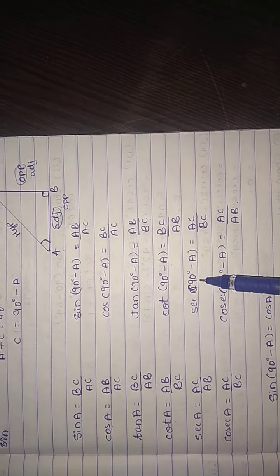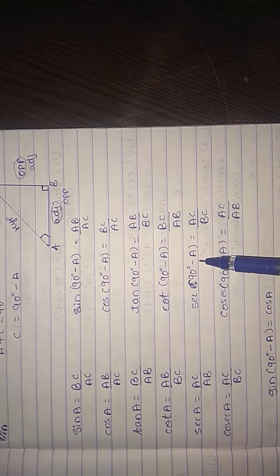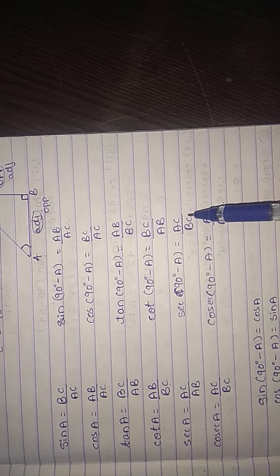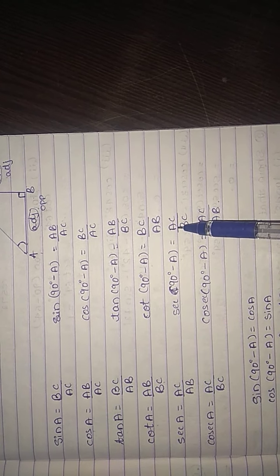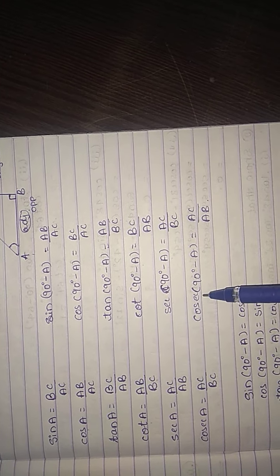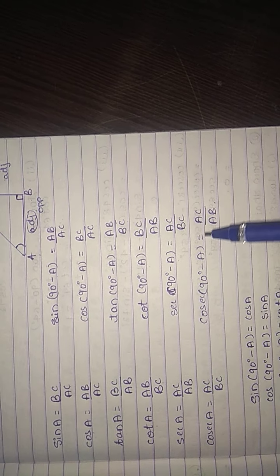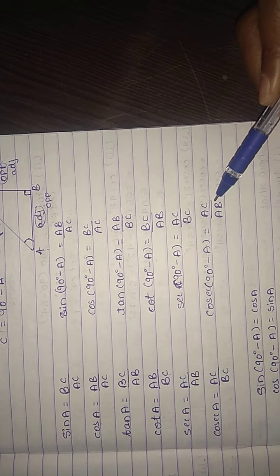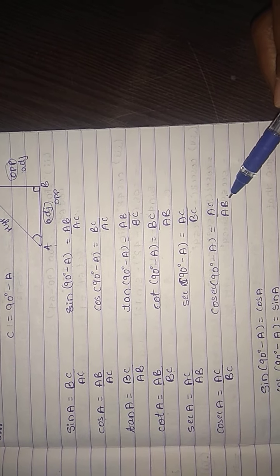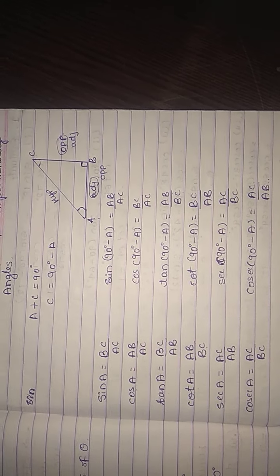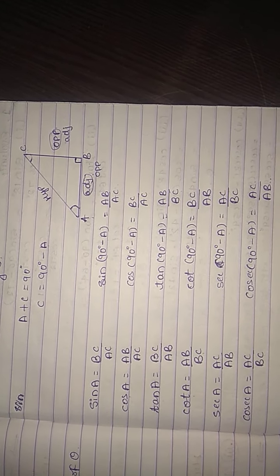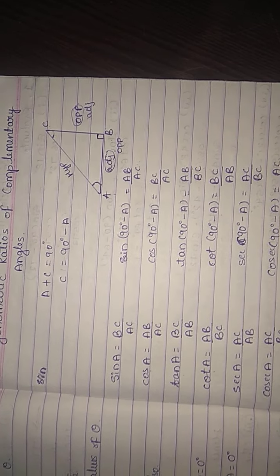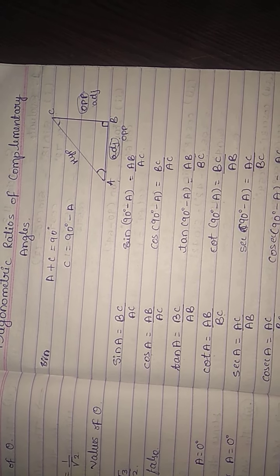Next is sec 90 minus A, which is hypotenuse by adjacent, that is AC divided by BC. Cosec 90 minus A is hypotenuse by opposite. Hypotenuse is AC, opposite is AB. Understood? So we have taken all the trigonometric ratios.